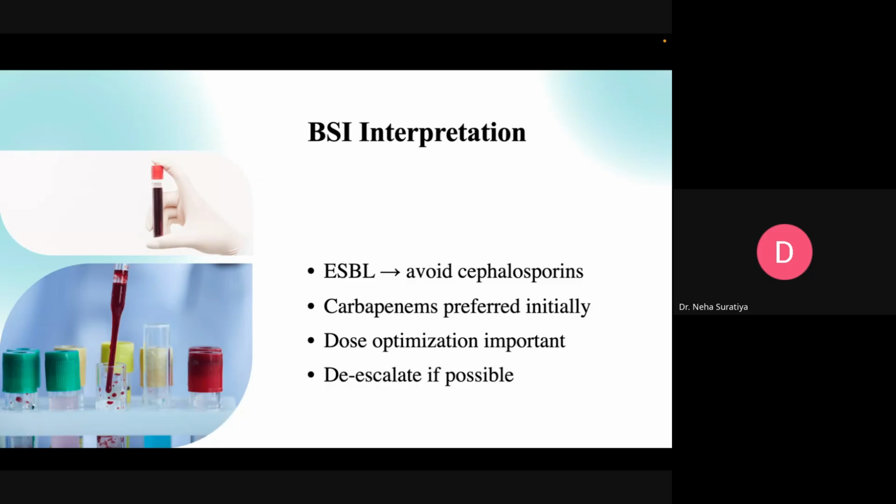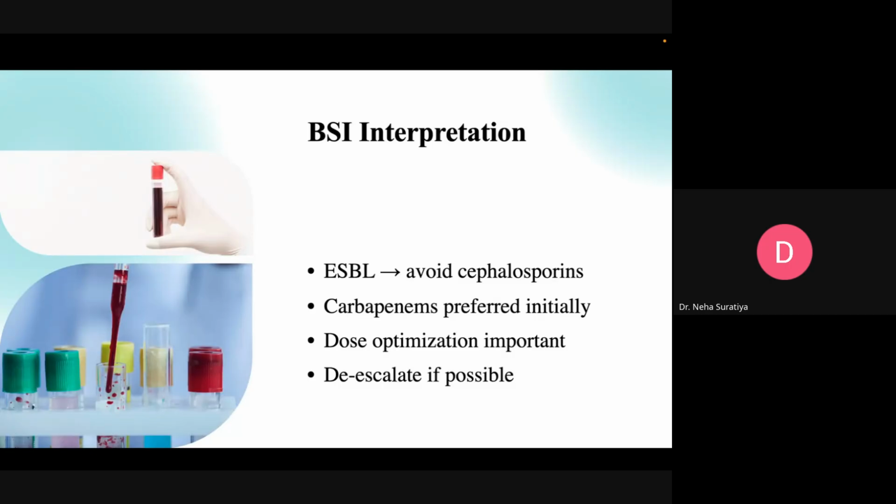Dose adjustment according to renal function test, whatever we understood yesterday, and according to liver function test, what we understood the day before yesterday. We need to correlate and understand the dose. We need to monitor the response and further de-escalate whenever it is possible. So early, appropriate therapy saves lives. That is what we can do here. I hope it is clear.